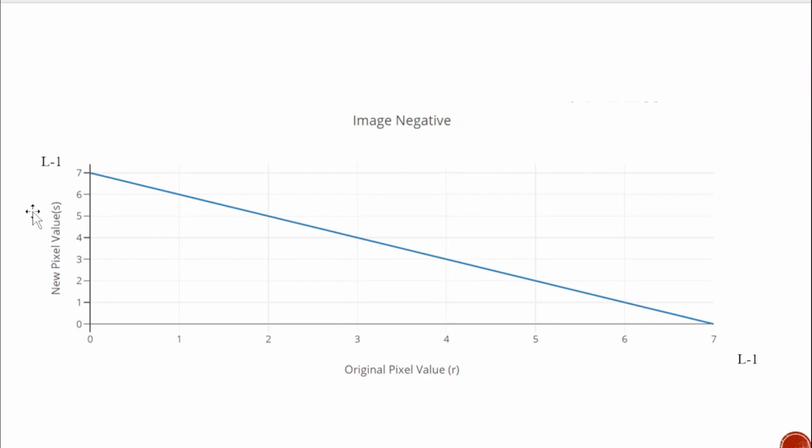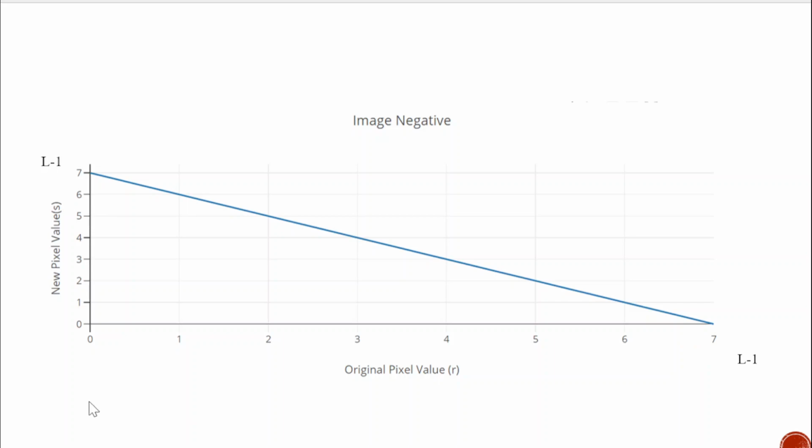Basically, this graph represents that we are inverting the original pixel values to get new pixel values, and the new pixel values are exactly the inverse of the original ones. So the darkest pixel is becoming the brightest pixel, and the brightest pixel is becoming the darkest pixel, and similarly all the pixels are inverted.